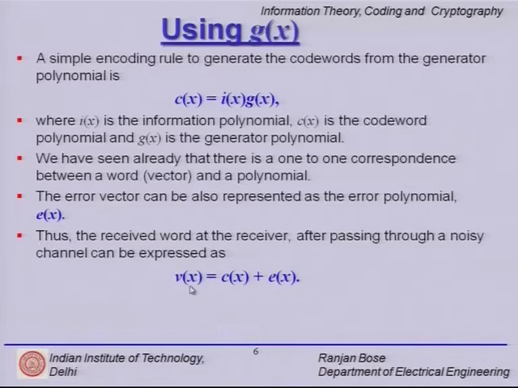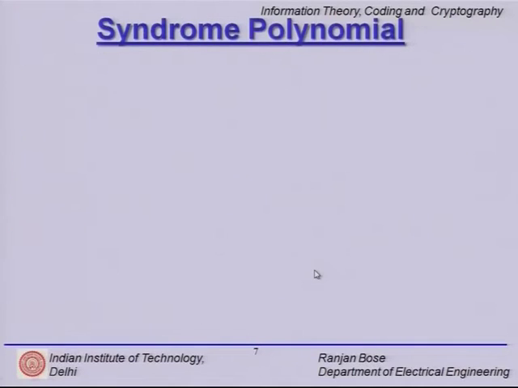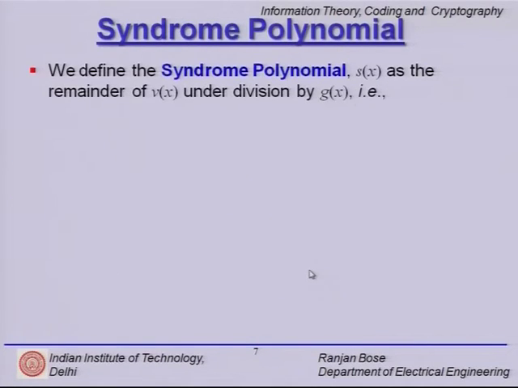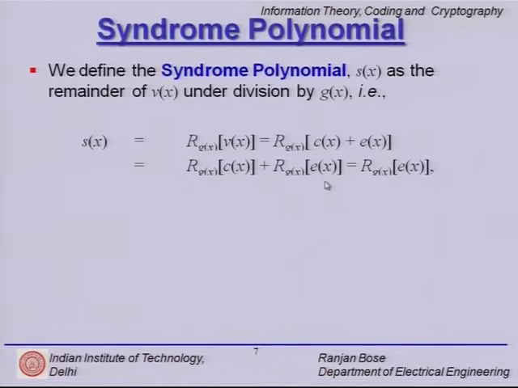So, what we receive is v(x) equal to c(x) plus e(x), where e(x) is the error polynomial. We now go on to defining a syndrome polynomial s(x). s(x) is nothing but the remainder that you get when v(x) is divided by g(x), and therefore, we can easily see that it is the remainder you get when you divide e(x) by g(x).